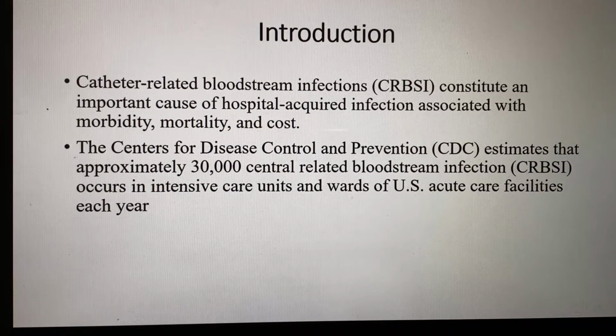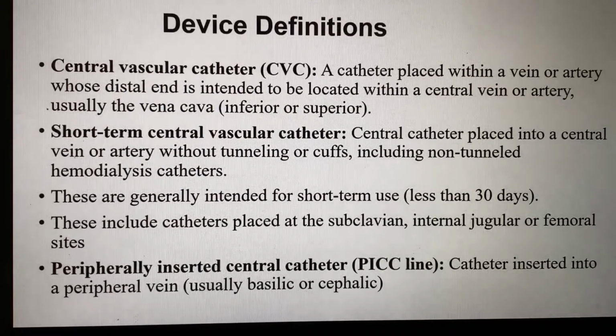CDC has estimated that there will be around 30,000 central line related bloodstream infections occurring in ICU in the US every year. In India there is no data, but we are 4 times their population. So I am sure we will be having at least 1 lakh and above central line related bloodstream infections in our ICUs.